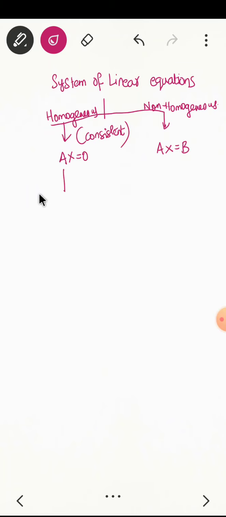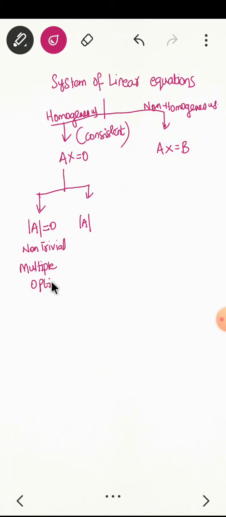So if Ax equal to 0, if such type of matrices are given, what you need to do, you have to first find out determinant. After finding determinant, if the determinant is equal to 0, then we call such solution as non-trivial solution, or we may also call it as multiple optimal solution, or we may also call it as infinite number of solutions.